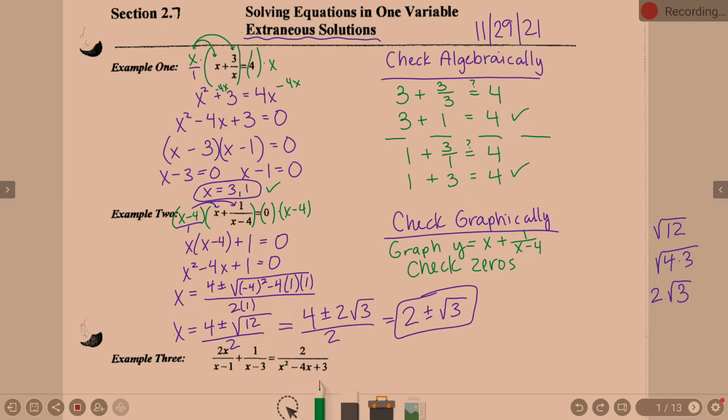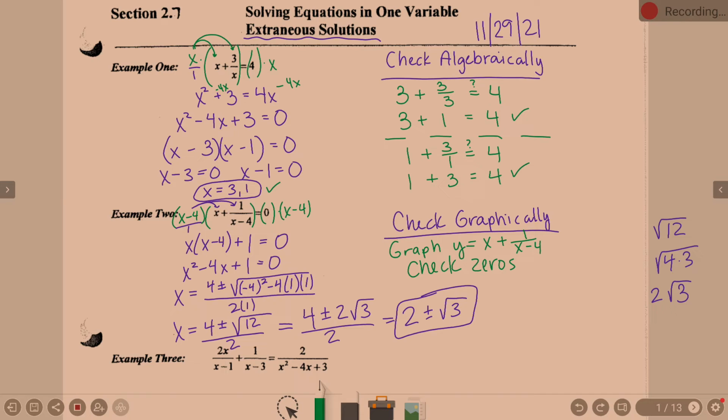I'll get there up on the screen. So if I go and graph, there we go. What do we say? Y equals x plus, I'm going to do a fraction bar, 1 over x minus 4.